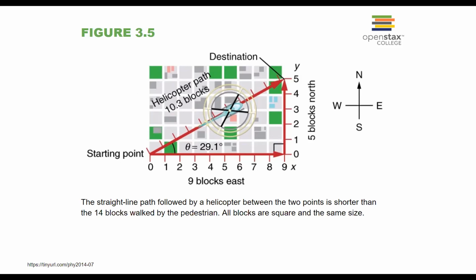In this case, the helicopter has two-dimensional motions simultaneously. One is going along the x-axis, or the eastward direction, and at the same time it's moving in the northward, or y, direction. If you have a 2D coordinate system like this, using north, south, west, east coordinates, the motion of the helicopter is simultaneously in the x direction and also in the y direction.